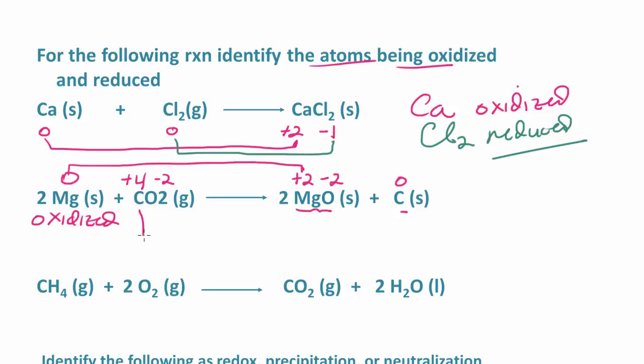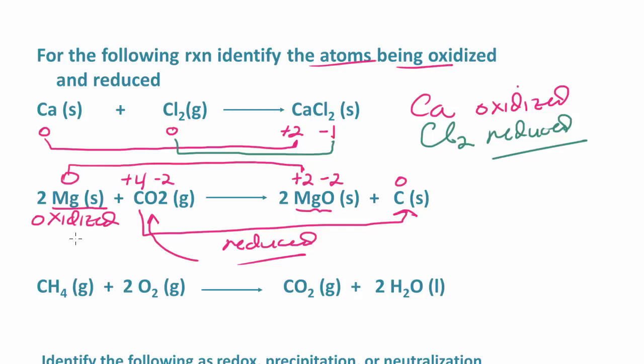But here we have carbon going from a +4 to 0, so that's a decrease in charge, or a decrease in oxidation number, I should say. Therefore, carbon dioxide has been reduced. So carbon dioxide acted as our oxidizing agent, magnesium solid acted as our reducing agent.